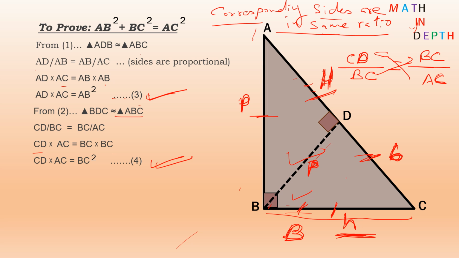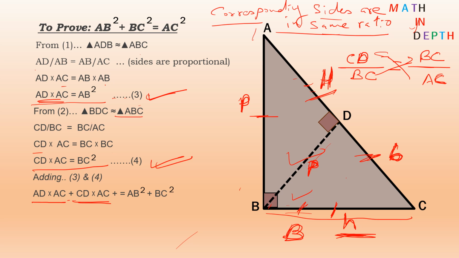What we will do here is add both equations. So add 3 and 4, and then we can write it like this: AD into AC plus CD into AC, and the right-hand side is AB square plus BC square.